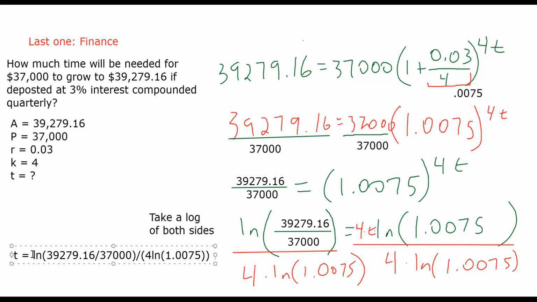If you type it into the calculator exactly like this, using your ln's, using division properly, notice I put the whole denominator in its own set of parentheses. You should end up with t equals 2. You might get a little bit of change, but what we're going to do is round it to the nearest tenth, which will be 2.0, or just 2.